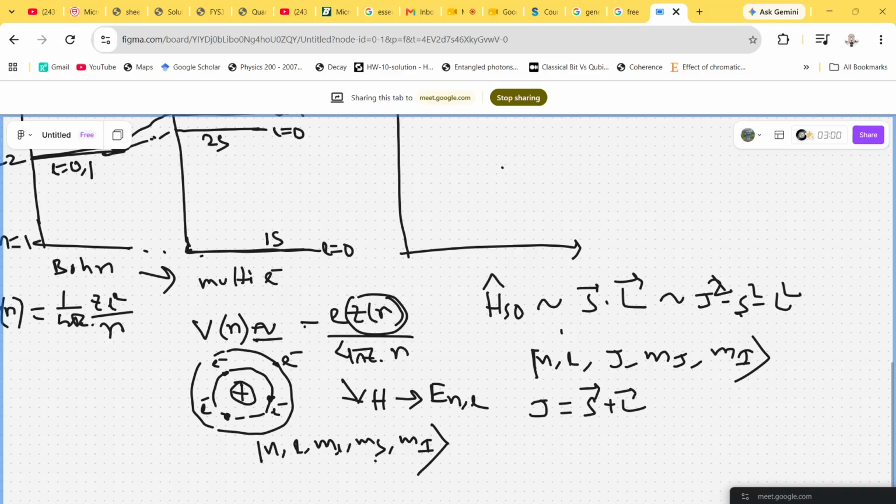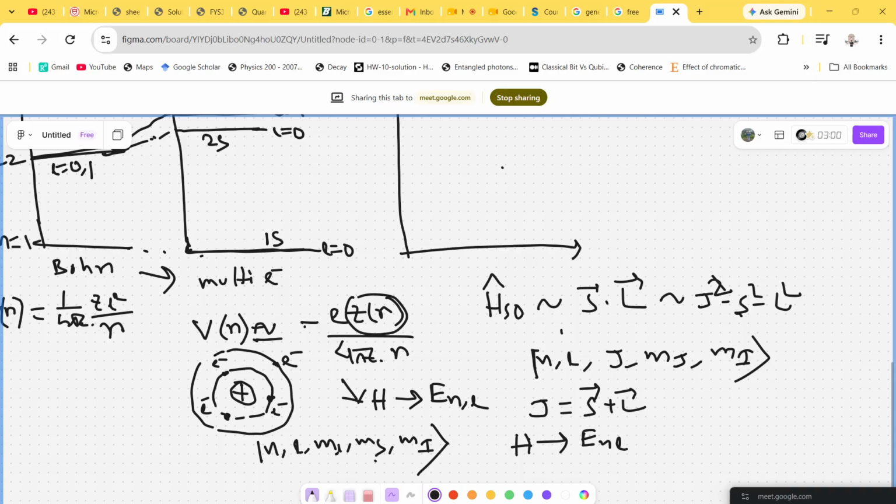J can go from mod of l minus s to l plus s, and your energy, the Hamiltonian eigenvalues, are now given by E n l.